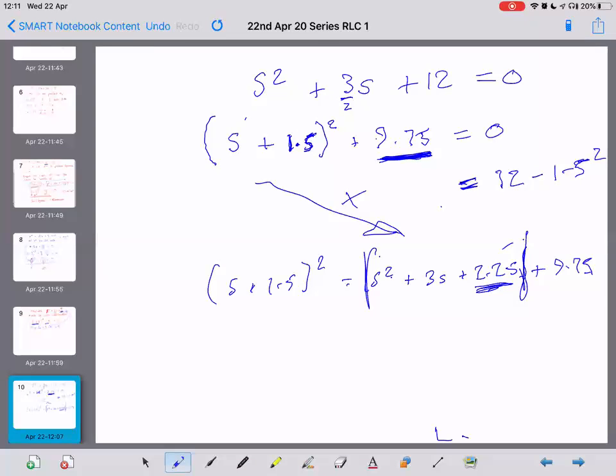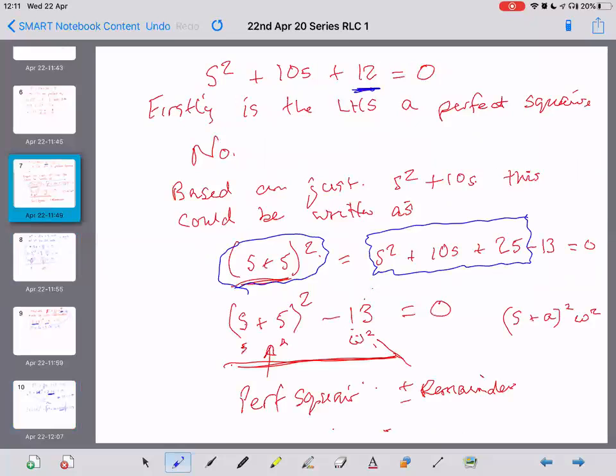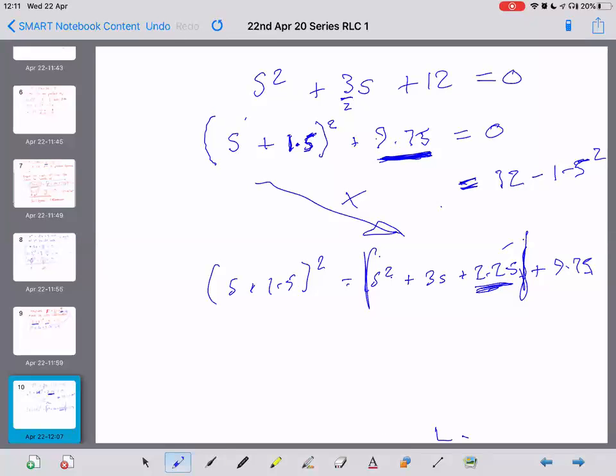Okay? And that method will always be the same. We can write the perfect square by dividing the constant in front of s by 2. Then we take that number squared away from the number we had in the first place, the constant in the normal quadratic.